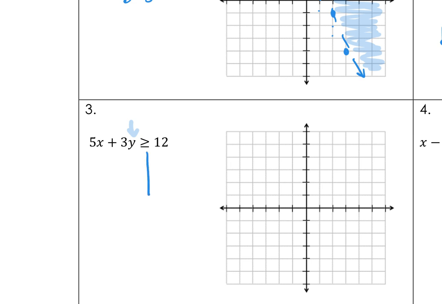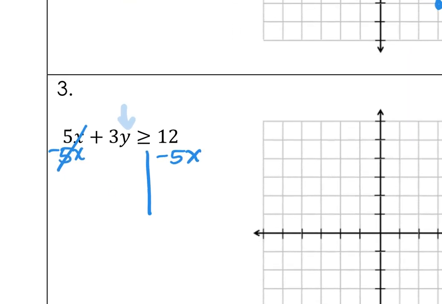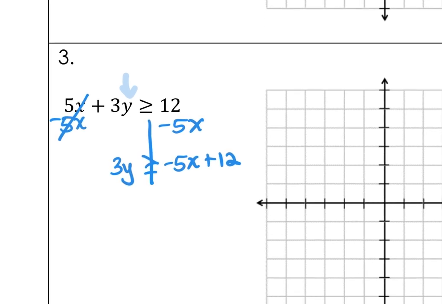The 5x, very good. Since this is a positive 5x, how do I move it over to the right side? Minus it. Very good. So we are subtracting the 5x from both sides, so that now I have 3y is greater than or equal to negative 5x plus 12.